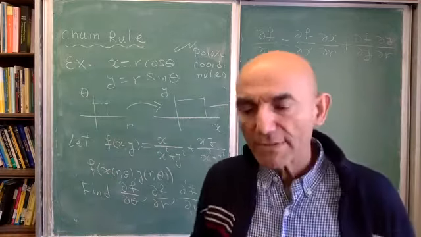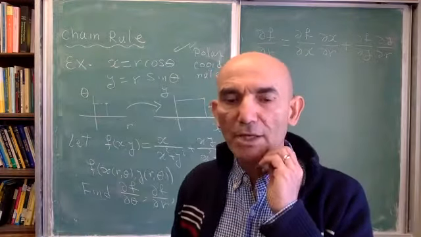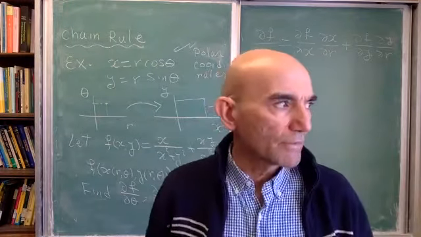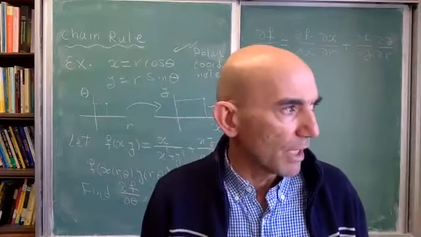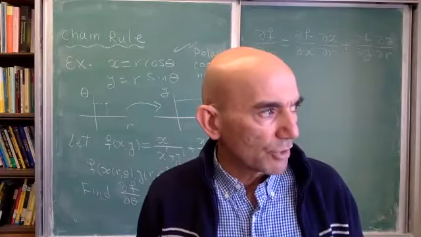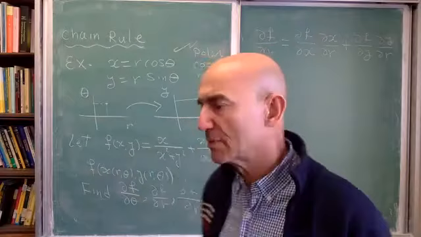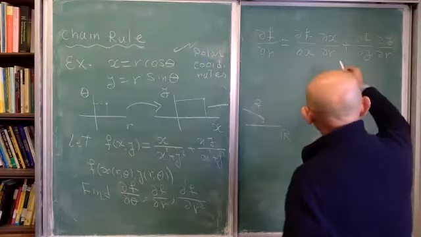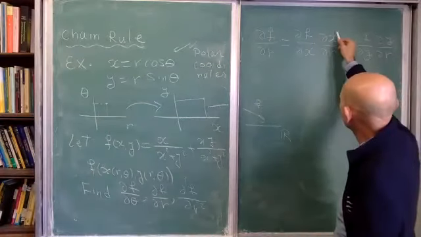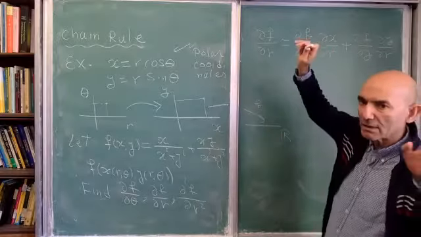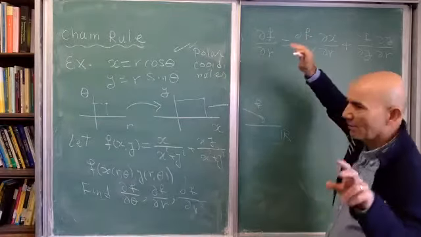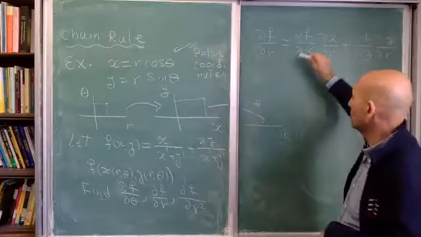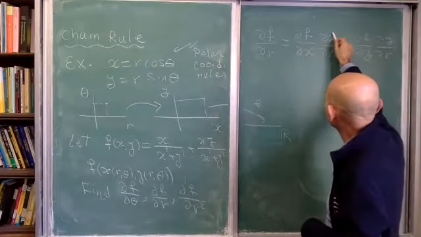So as I emphasized in class, it's useful to have some sort of checks in place so that you make sure that you haven't made some outrageous mistake. In this case, a quick check is that you cancel informally. I mean, this is not a real cancellation because this is not a quotient of two numbers.